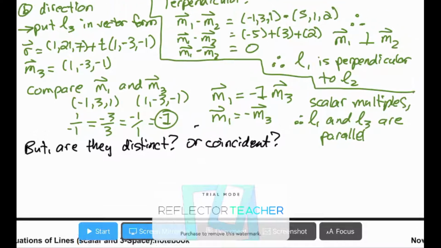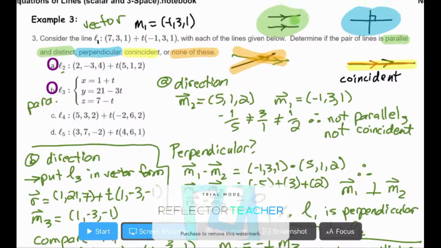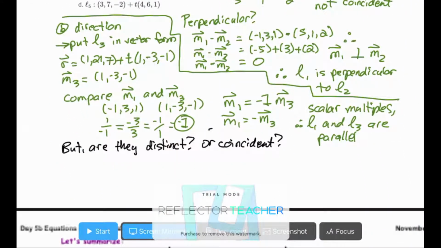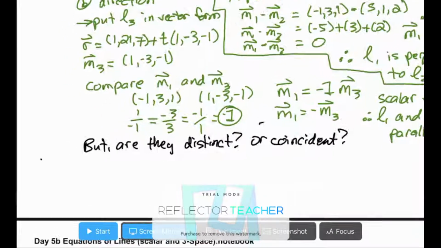Let's consider, do we know any points in any of these lines? Well, yes, we know the point from our first equation, or the vector equation of our first line, 7, 3, 1. So that's going to be our test point here. So let's go ahead and try that. So what is our test?